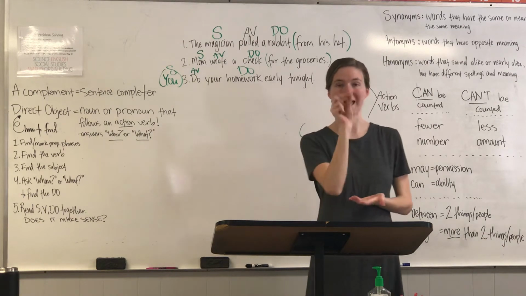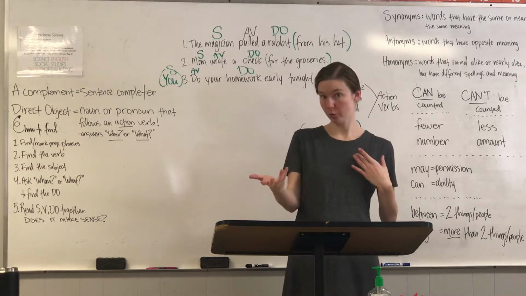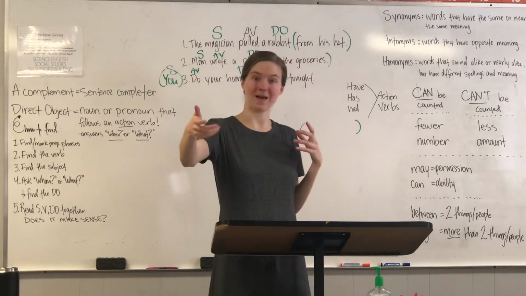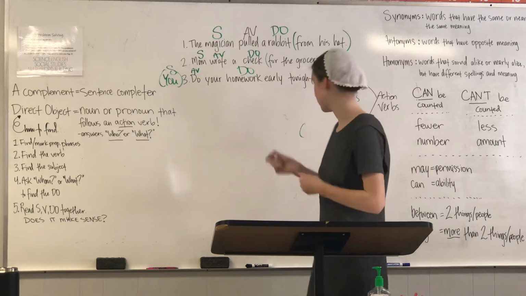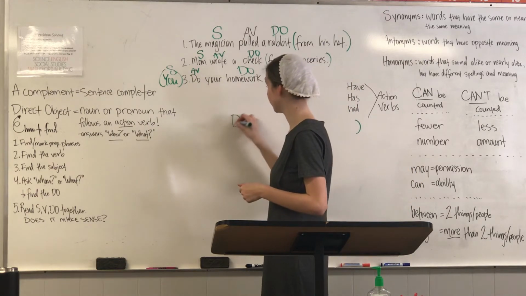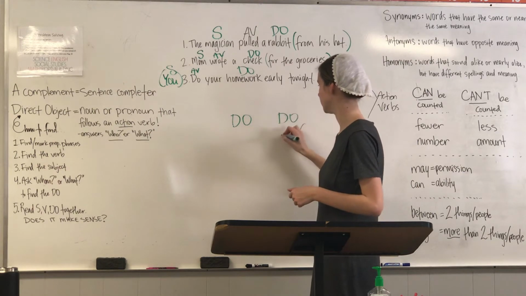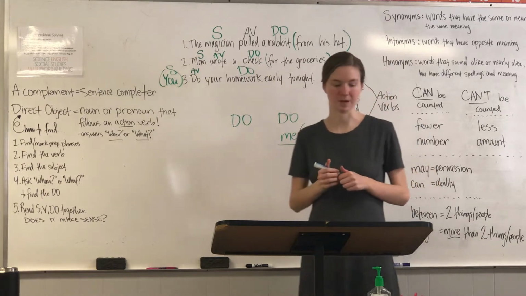Jesse met Logan and me. Jesse met Logan and who? Me. So it would be a compound direct object because there are 2 direct objects. So you would put DO, direct object, over Logan, and direct object over me.